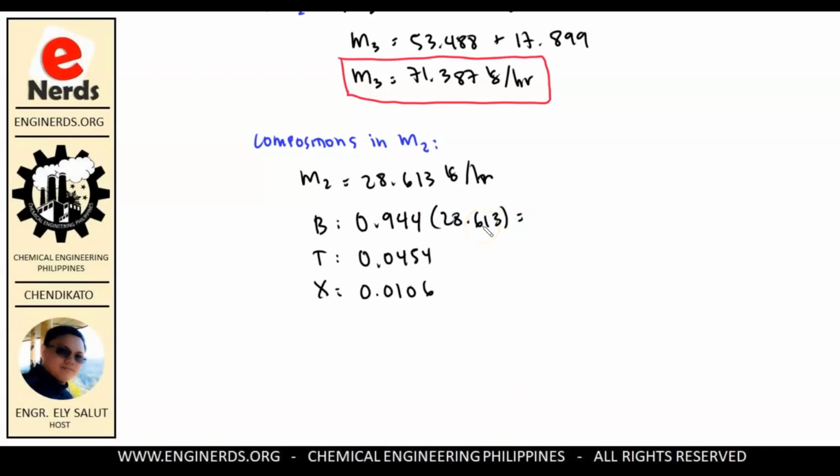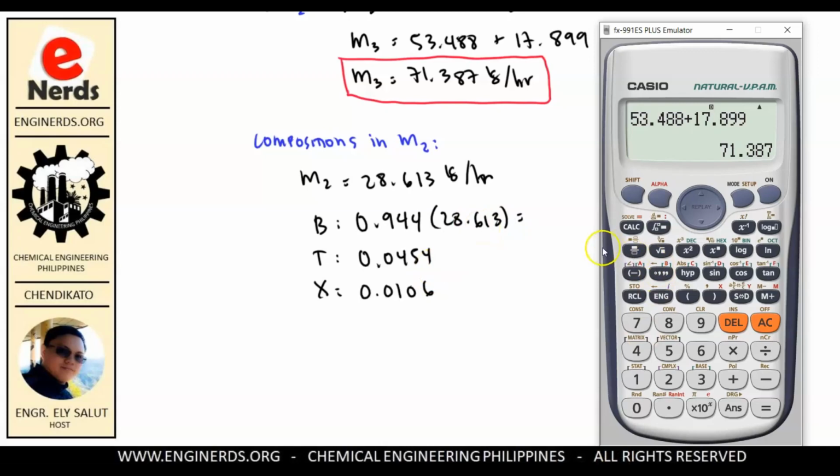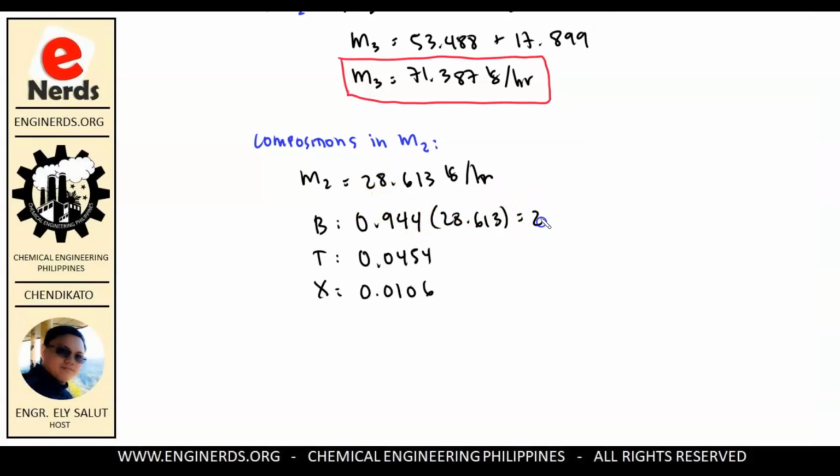This is equal to 28.613 times 0.944, which is 27.01 kilogram per hour.